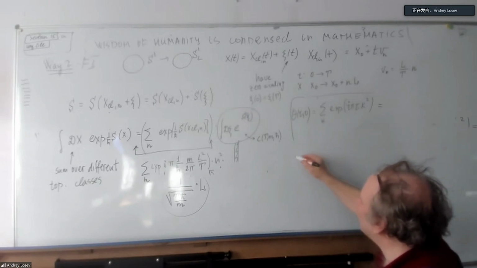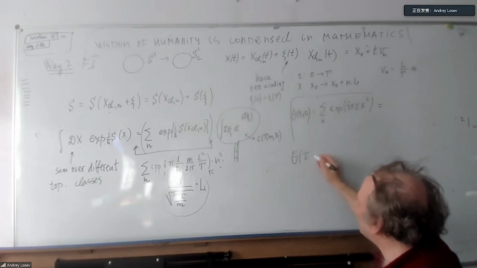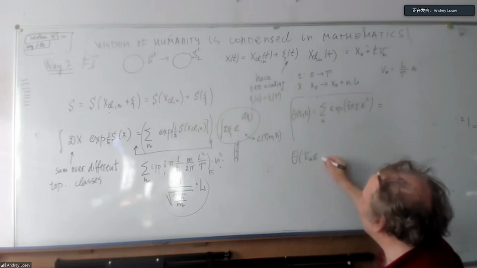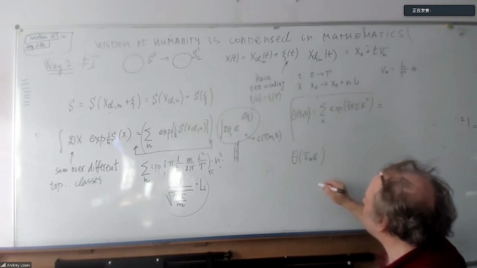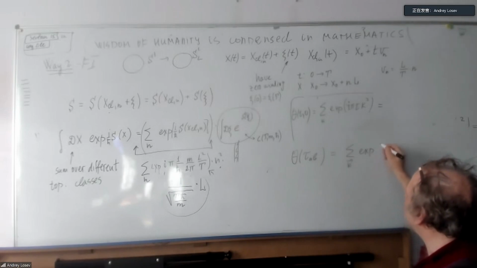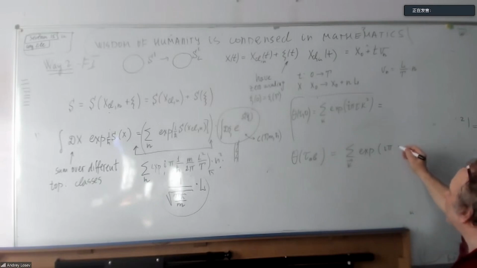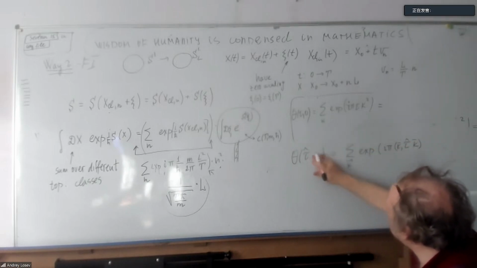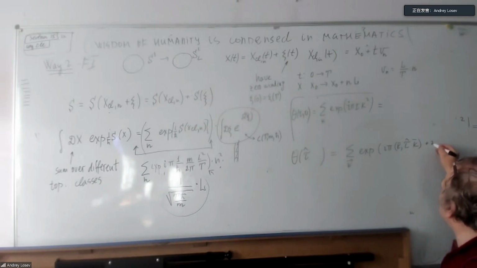Of course, this could be modified if you have a matrix T A B. That is a sum over K of exponential i pi tau K K, plus 2 pi i K z, where z is a vector.